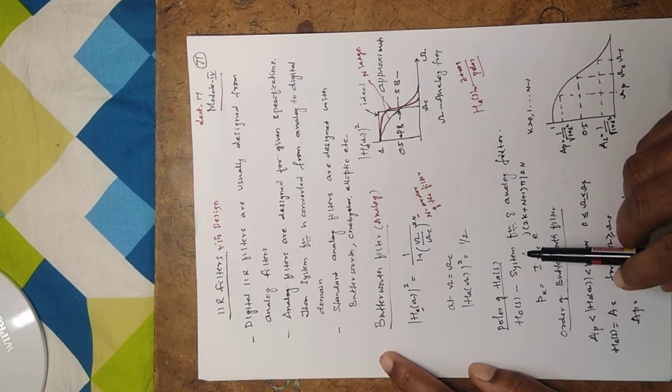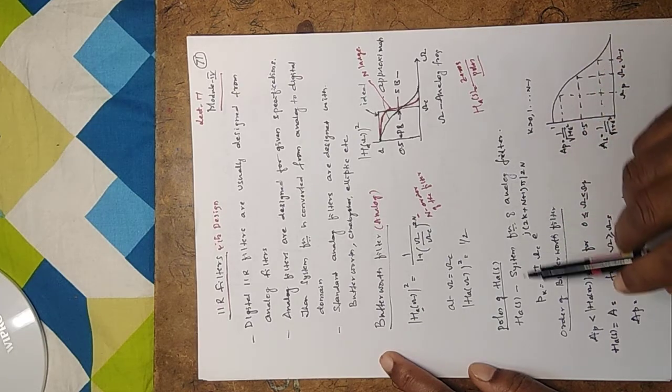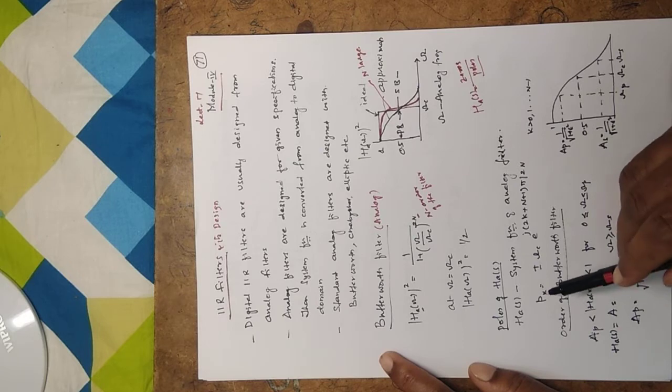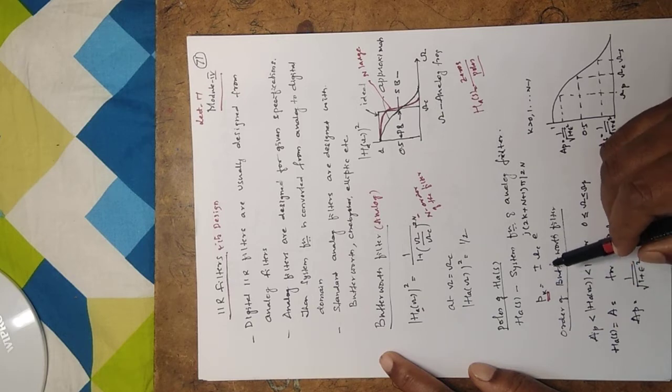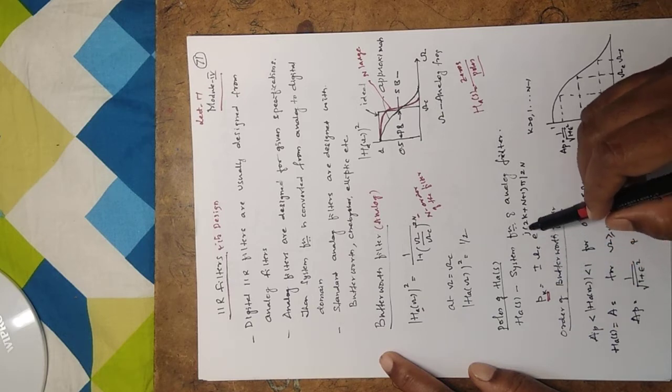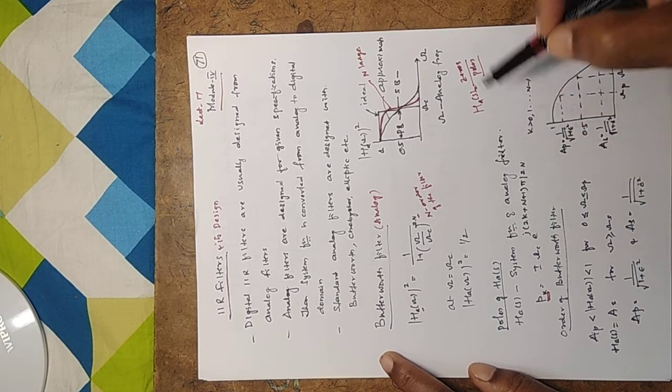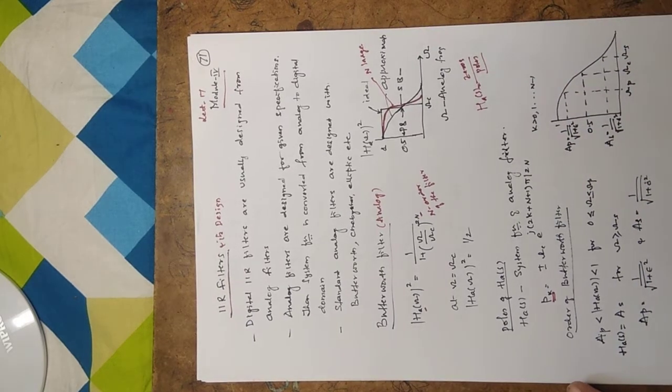The system function of the analog filter HA of s is designed like this. We will find the poles of that. The poles of HA of s, called small pk, are given by plus or minus omega c e to the power of j (2k plus n plus 1) pi divided by 2n.